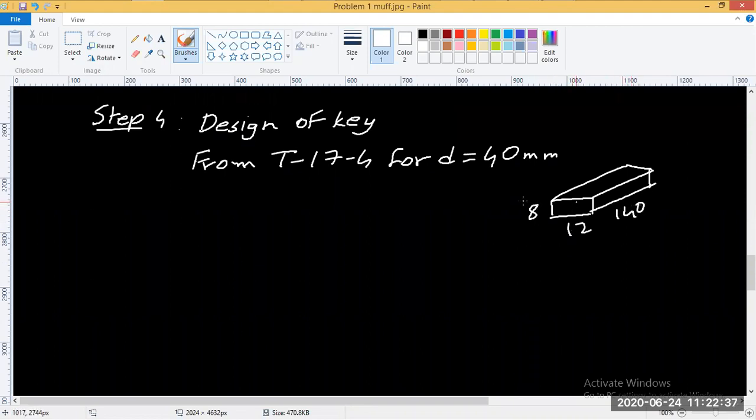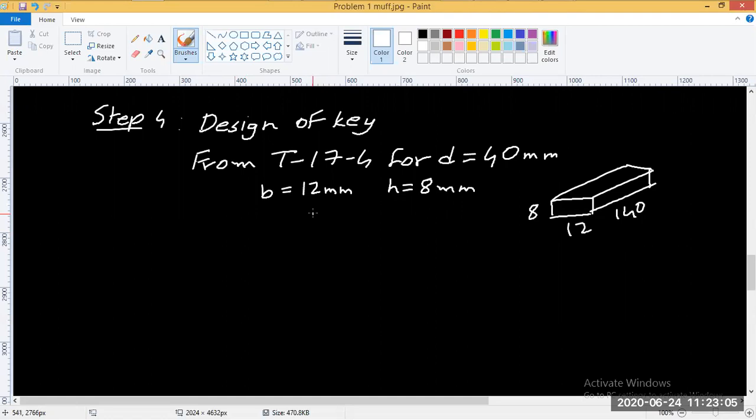So 8, 12, and 140. We got 12 mm width and 8 mm height from table 17.4. Only the length is 140 mm, as we did in the previous one, that is the sleeve length itself. The jib head will come after this dimension, not much worried about it.